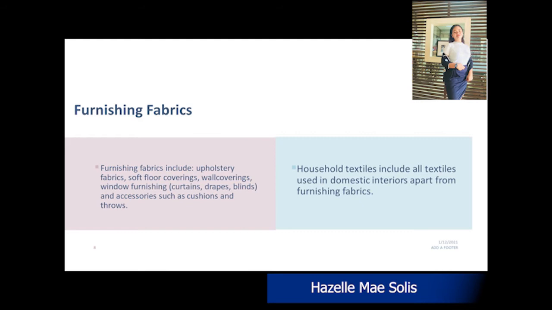Third, wall coverings are materials such as wallpaper that are used to decorate the walls on the inside of a building, usually with colored patterns printed on it. Window furnishing is a cover or modification of the window, often with the aim to enhance the aesthetics of the window and the room. Examples are curtains, drapes, and blinds.